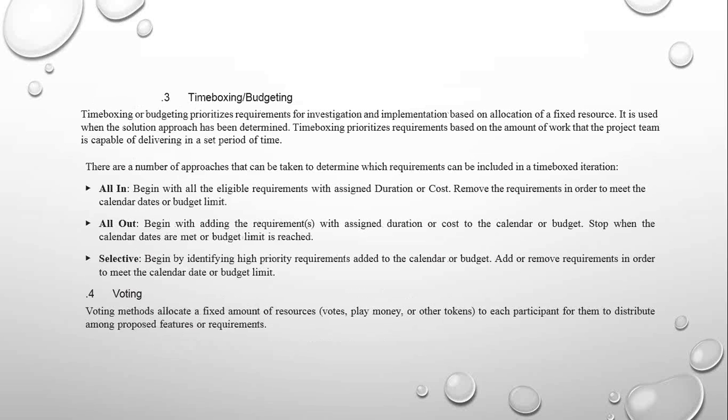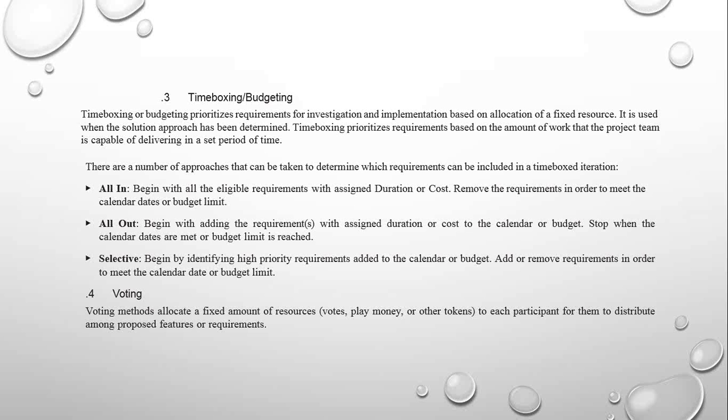The third bullet point you have as part of your tools is time boxing or budgeting. What exactly is time budgeting all about? It prioritizes requirements for investigation and implementation based on allocation of fixed resources. It is used when the solution approach has been determined.